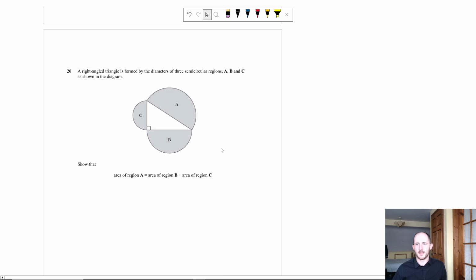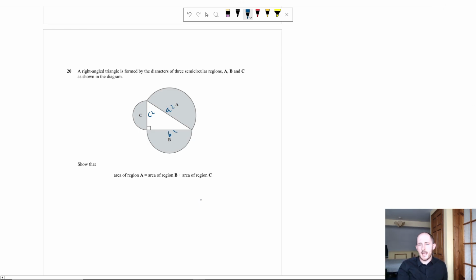No, God, no. A right angle triangle is formed by the diameters of 3 semicircular regions, A, B, and C, as shown in the diagram. Show that the area of A is equal to B plus C. So it almost looks like Pythagoras, which, funny that, isn't it? So if I label these sides, C squared, B squared, right?